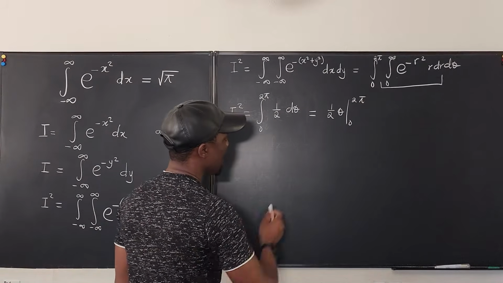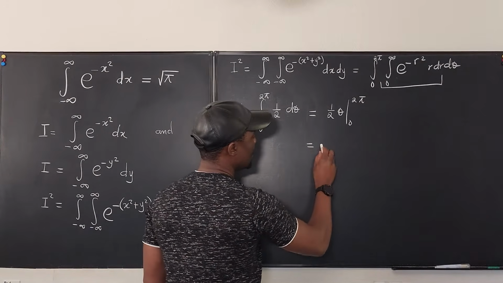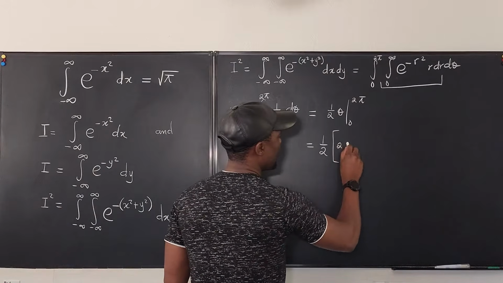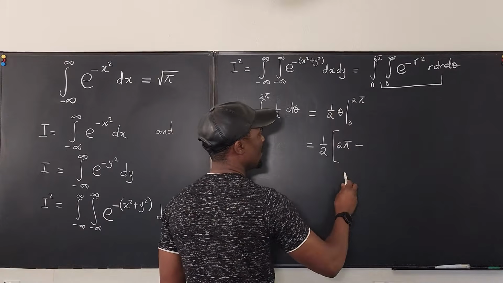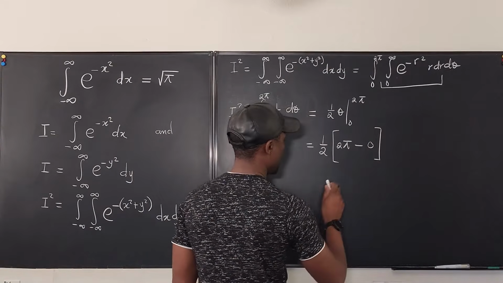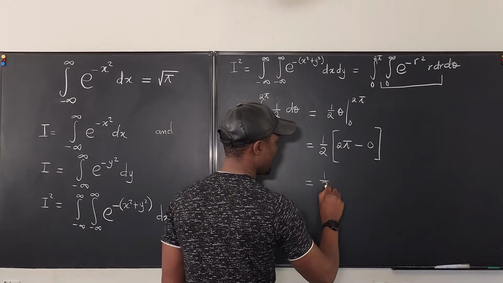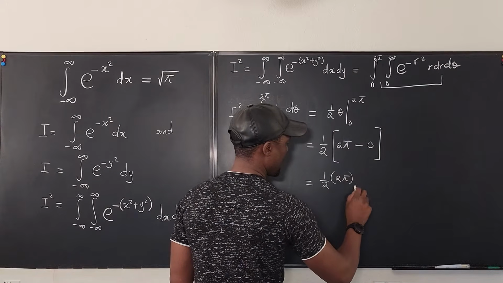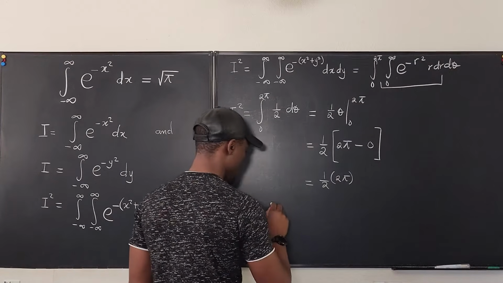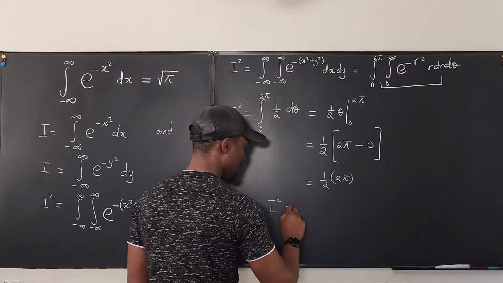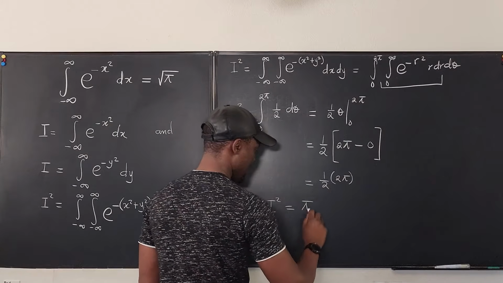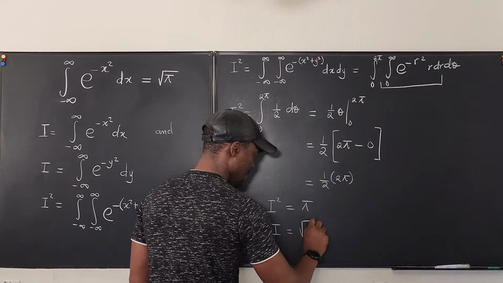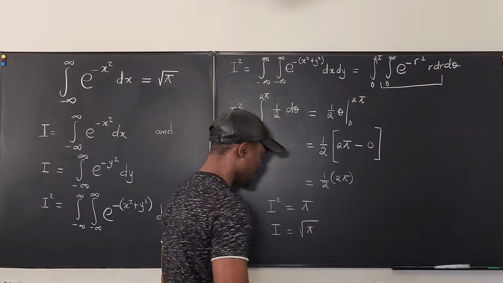What does that give us? It gives us 1/2 times 2 pi minus, when you put 0, that's going to be 0. This is equal to 1/2 of 2 pi, which is equal to pi. So I squared is equal to pi, so that I is the square root of pi.